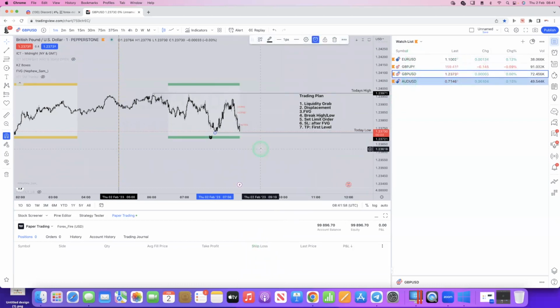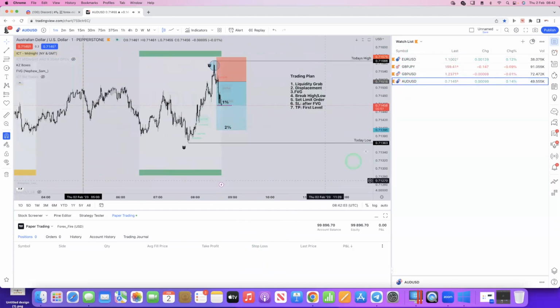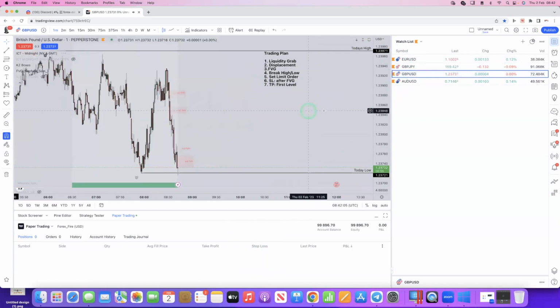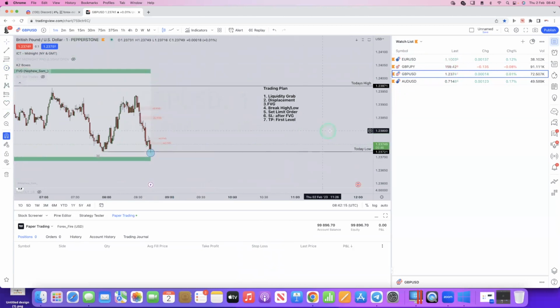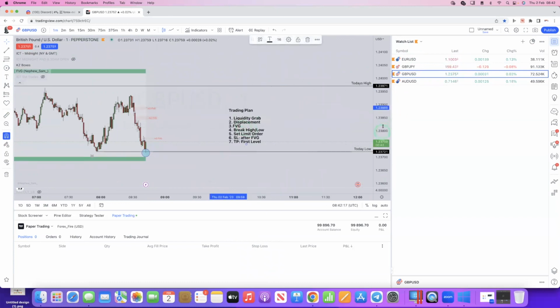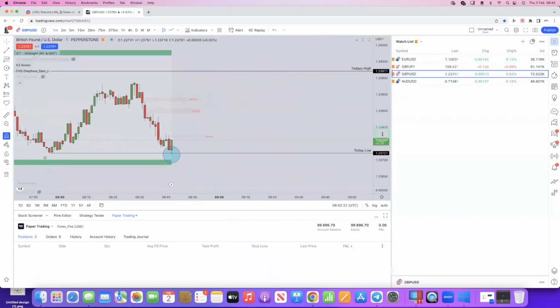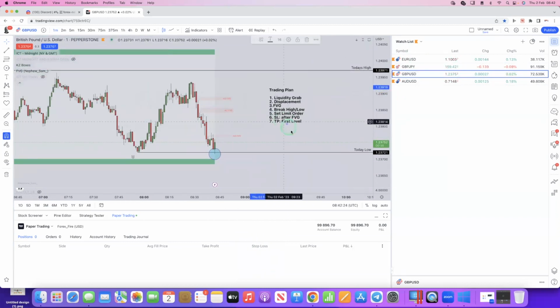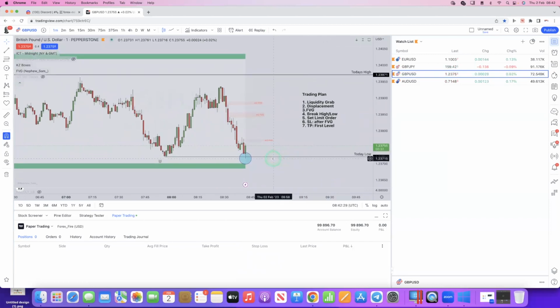Let's go back to the AUD/USD. There's GBP/USD taken now. So again, identify the liquidity grab. Let's just keep a close eye on this. There's not much of a liquidity grab, but there is a liquidity grab there.